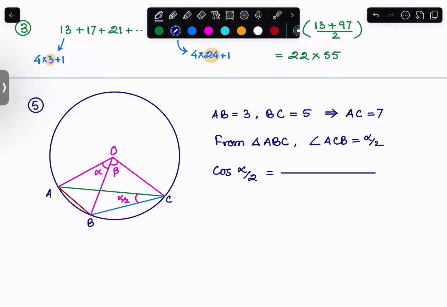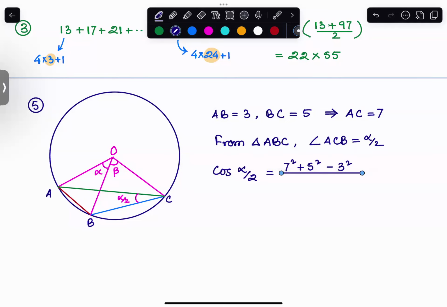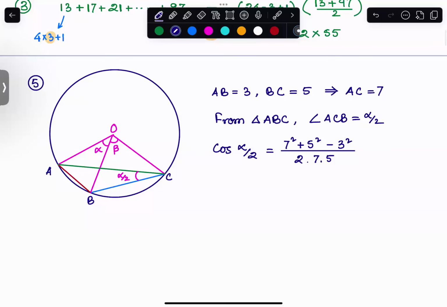Now, for angle ACB, AC is 7 and BC is 5. So, the sum of the squares of the arm lengths minus the square of the opposite side length, divided by twice the product of the arm lengths. Can you simplify this value? Yes sir. What will it be?